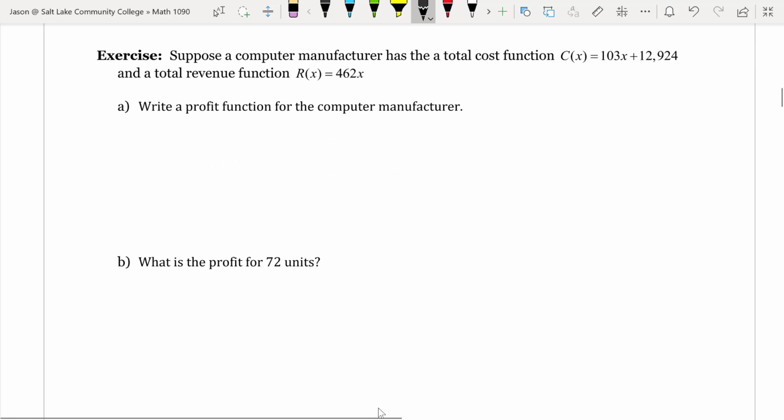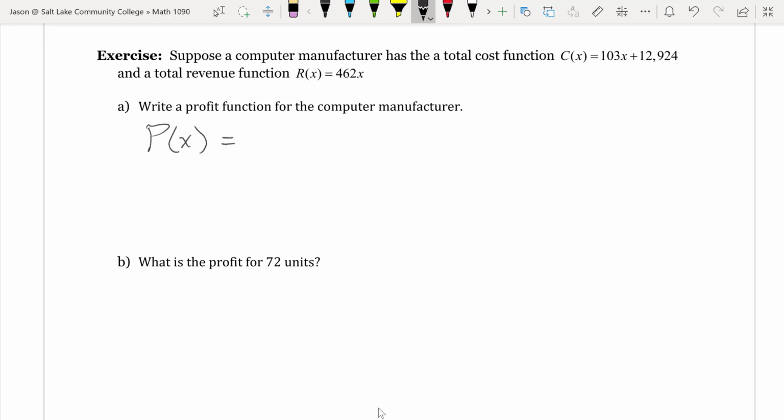Suppose a computer manufacturer has the total cost function C of x is equal to 103x plus 12,924 and a total revenue function of 462x. Write a profit function for the computer manufacturer. Okay, profit is just revenue minus costs.